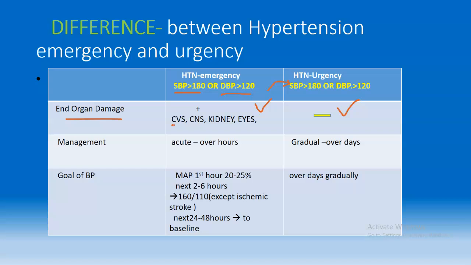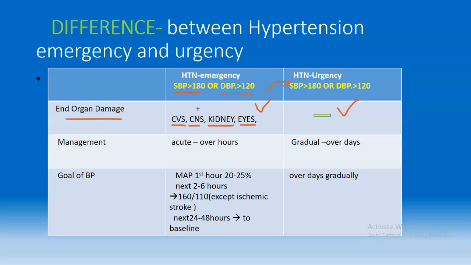Any symptoms affecting the CVS, CNS, kidneys, or eyes, meaning the patient has chest pain, dyspnea, pulmonary edema, increasing creatinine and urea, papilledema, or confusion. So these are the presentations of hypertensive emergency.